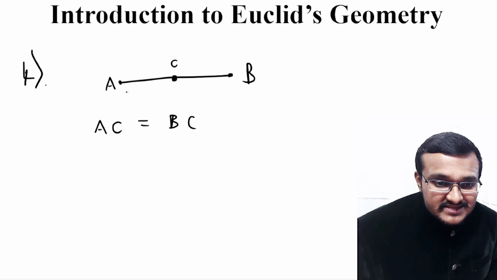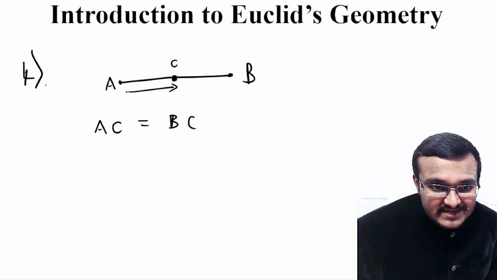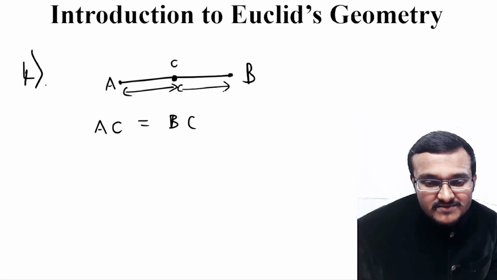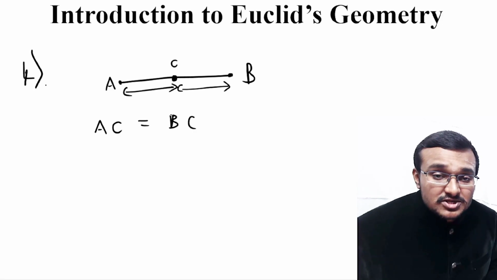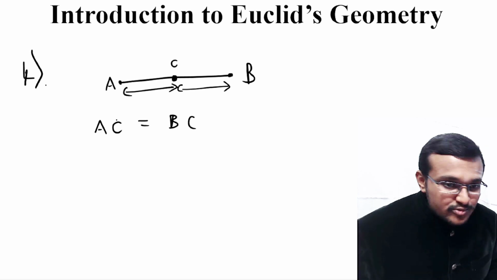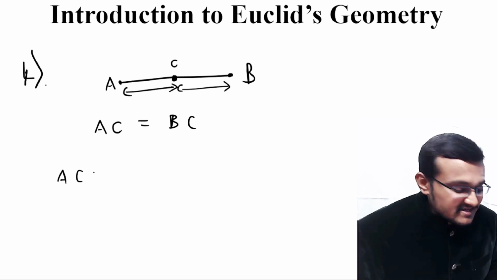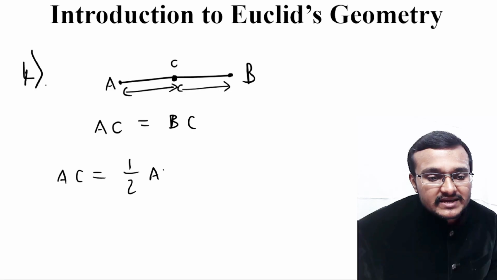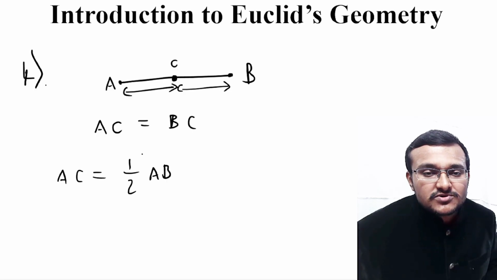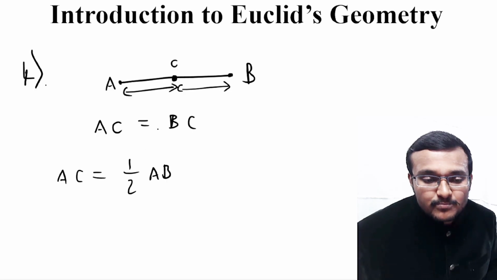So AC is equal to this BC line segment. Using this, you have to prove that AC is equal to half AB.